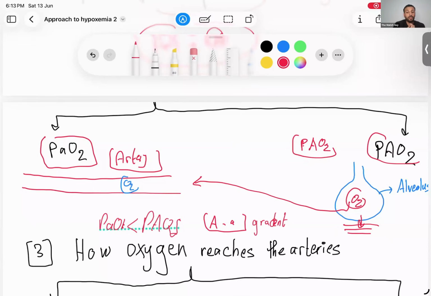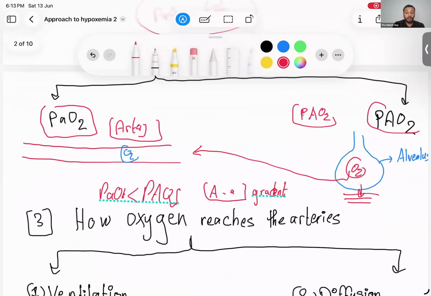And this gradient is normal because in the process of diffusion, some of the oxygen is lost. I'm going to talk about the normal values, but for now, just know guys that it should not be more than 15.